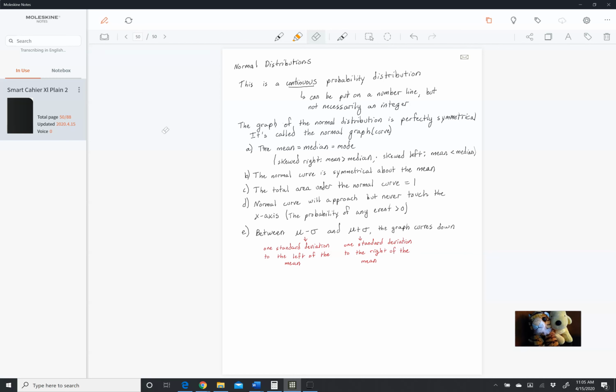And then to the left of mu minus sigma, in other words, to the left of the mean minus 1 standard deviation, and to the right of the mean plus 1 standard deviation, our graph curves up.